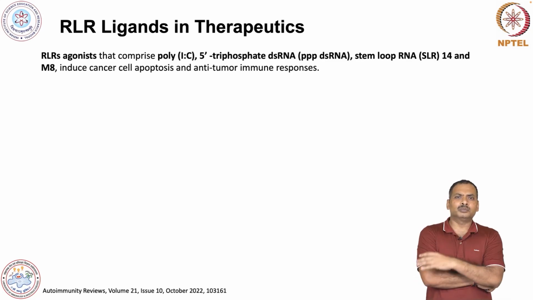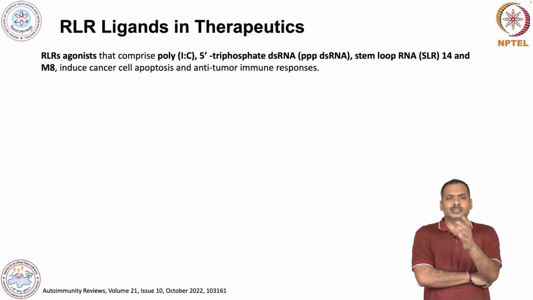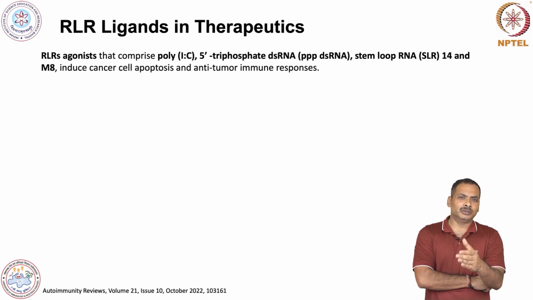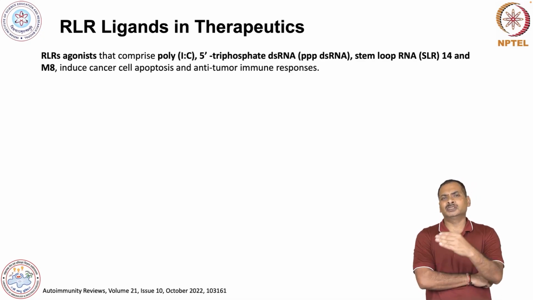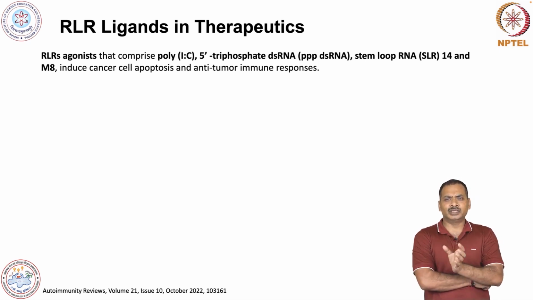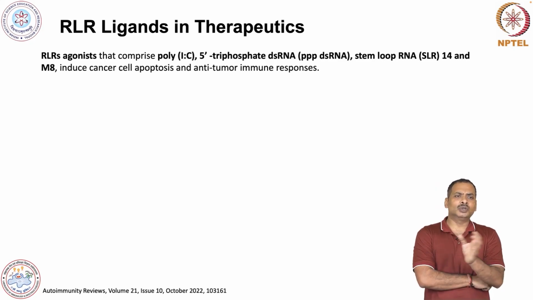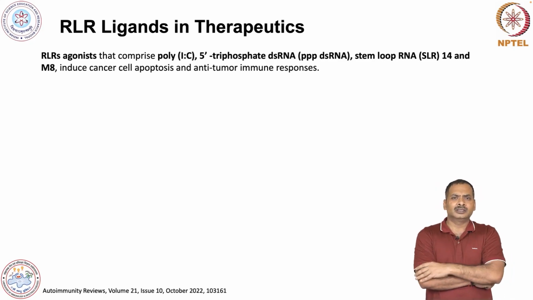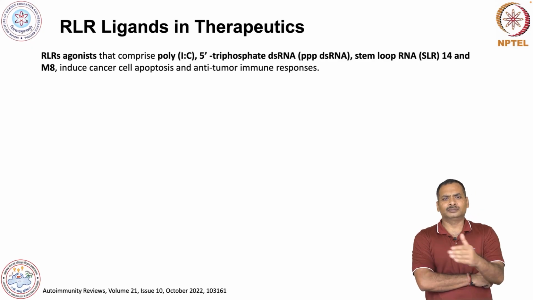Okay, this is basically a polymer. So this poly-IC and 5' triphosphate double stranded RNA, if you remember, this is a RIG-I ligand. Okay, and stem loop RNA 14, and there is one more ligand, M8, which I will tell you about in a subsequent point.